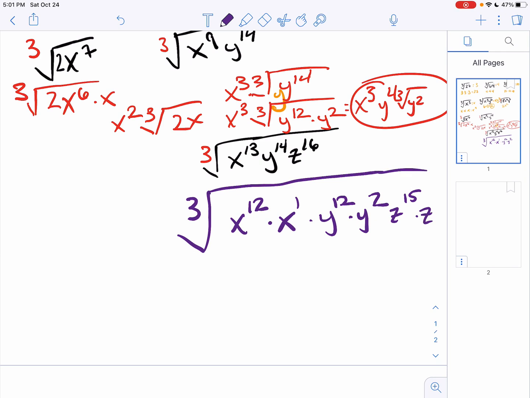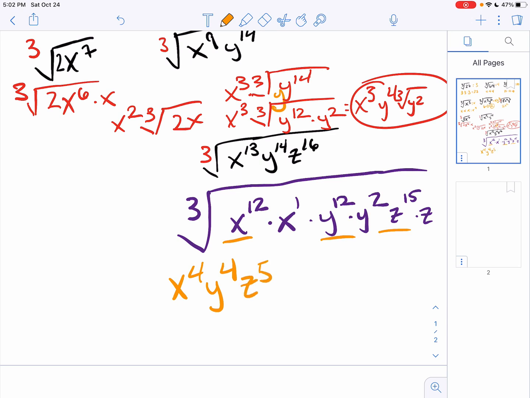Now I did all of this so I can now simplify. These are now my perfect cubes. So 12 divided by 3 is 4, so x to the 4th. Y to the 12th, 12 divided by 3 is 4, so y to the 4th. 15 divided by 3 is 5, so I have z to the 5th.